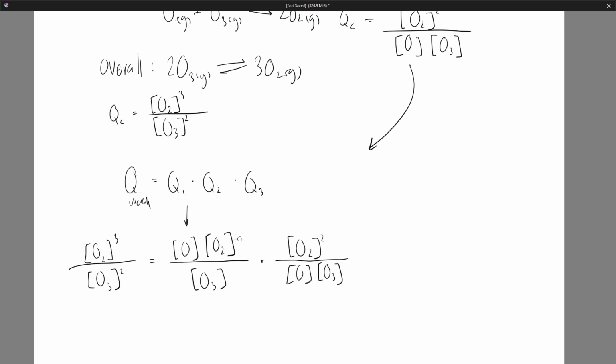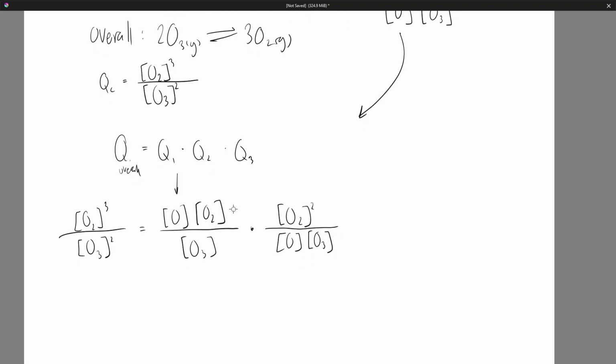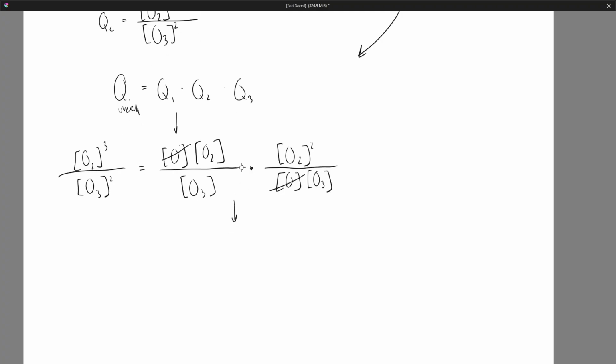Okay, so how you prove these are equal to one another is we want to cancel everything that's on opposite sides of the fraction. So oxygen, for example, there's one oxygen here in the numerator, and one oxygen here in the denominator. So we cancel them out. And what's left is we multiply this O2 by this O2 to the second power. That makes O2 cubed.